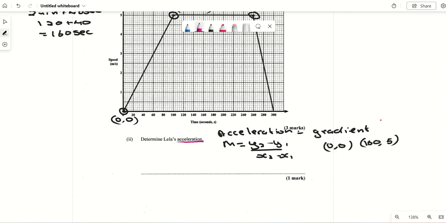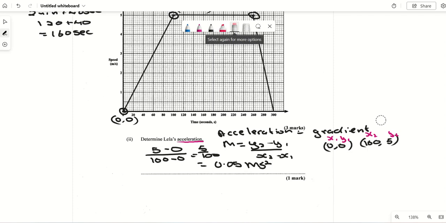So this is x1, y1, and this is x2, y2. Putting it in the formula: y2 is 5, so 5 minus 0 all over 100 minus 0, which is 5 over 100. 5 over 100 is actually 0.05.